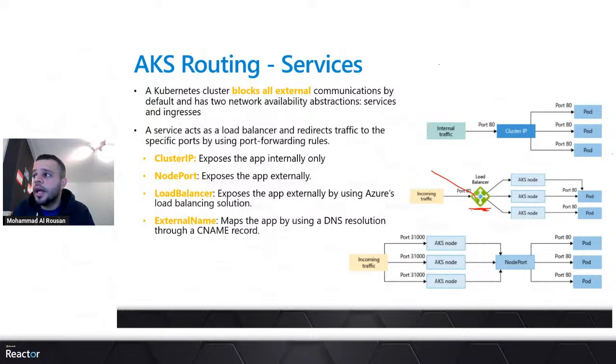Azure will create an Azure load balancer, so the traffic will be sent to the AKS node, and from the AKS node, it will go to your pods. The load balancer, we said, is layer 4. It's not smart, doing round robin only.